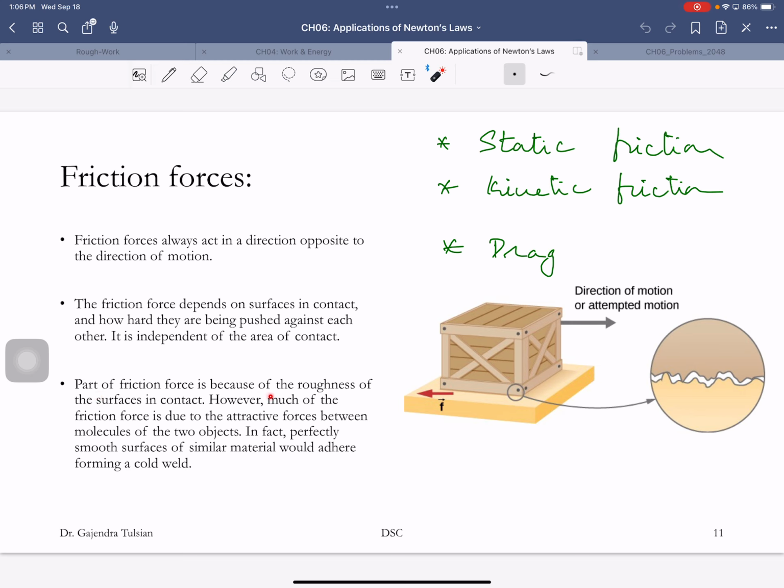So part of the friction is because of the roughness of the surfaces in contact. However, much of the friction is due to the attractive forces between molecules of the two objects. In fact, perfectly smooth surfaces of similar material would adhere. So that's what a crystal is. A perfectly smooth surface would have a very large friction.